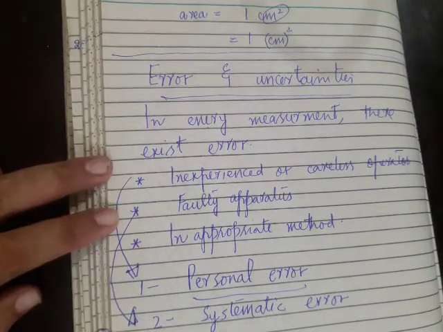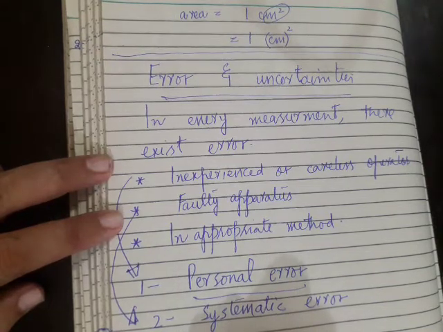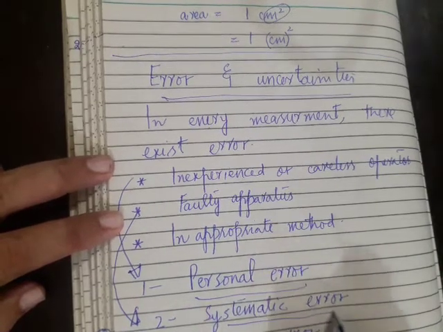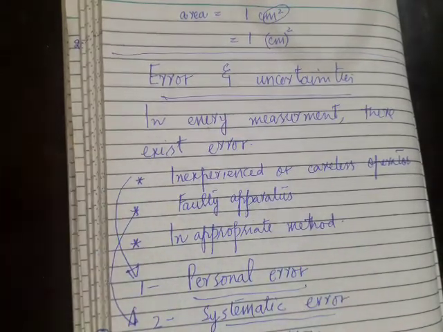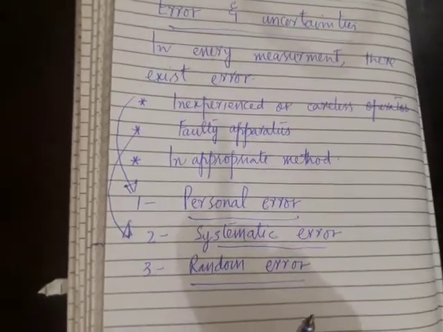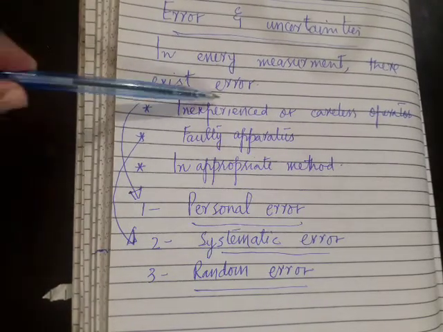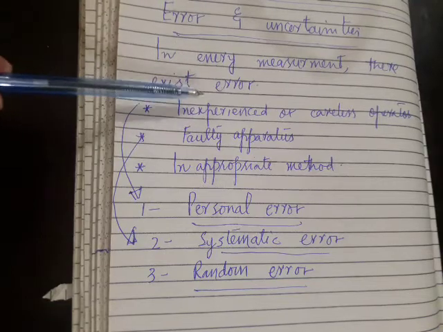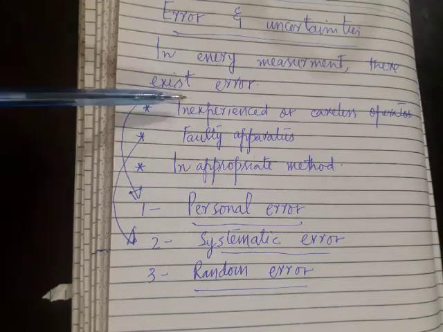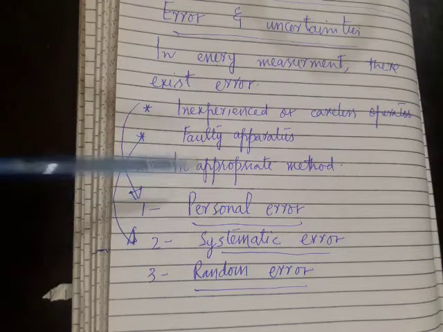And the third one is random error. From the first reason of error, we have defined a type, that is personal error.